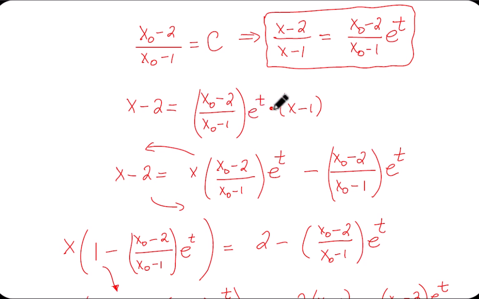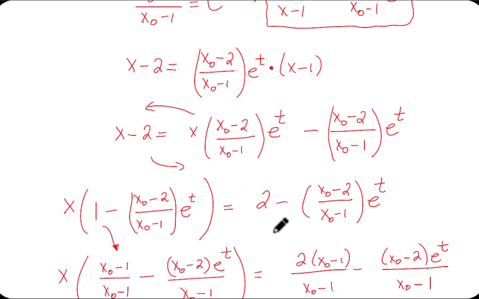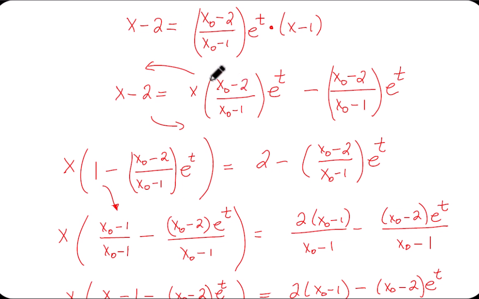I'm going to distribute this guy into this. I'm trying to get the x's together. So I'm going to take this term left, get the 2 to the right. All right, when I move this term to the left, I'm going to factor an x out. So I'm getting x alone. On the right, I'm going to get a common denominator.